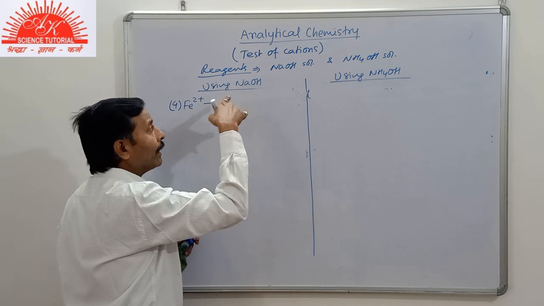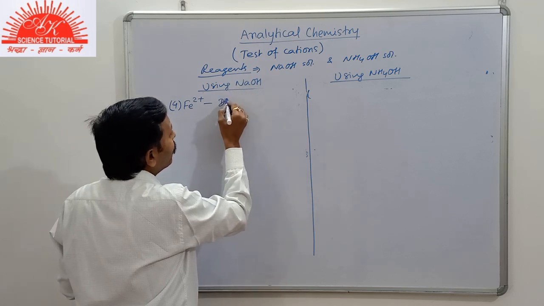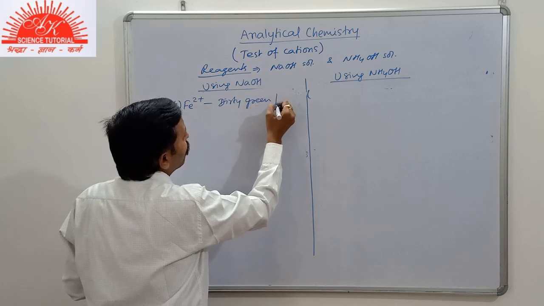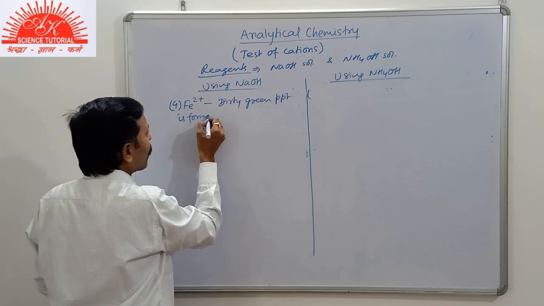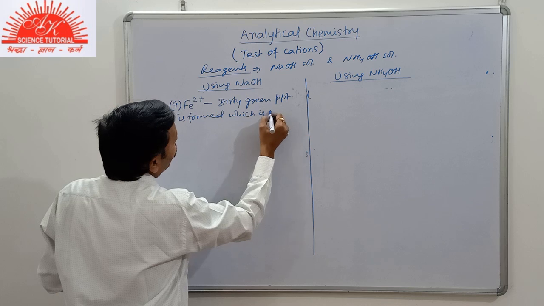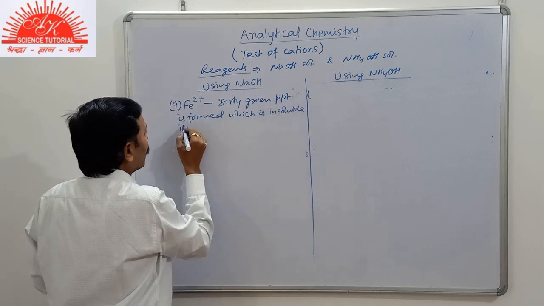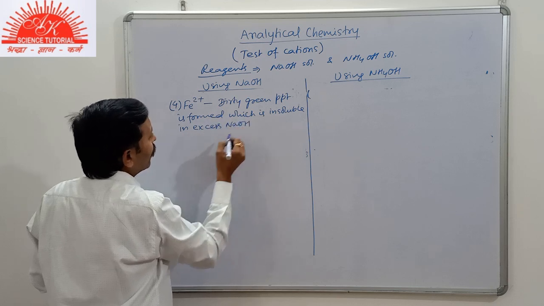When we add NaOH, then a dirty green, light green precipitate is formed which is insoluble in excess NaOH.